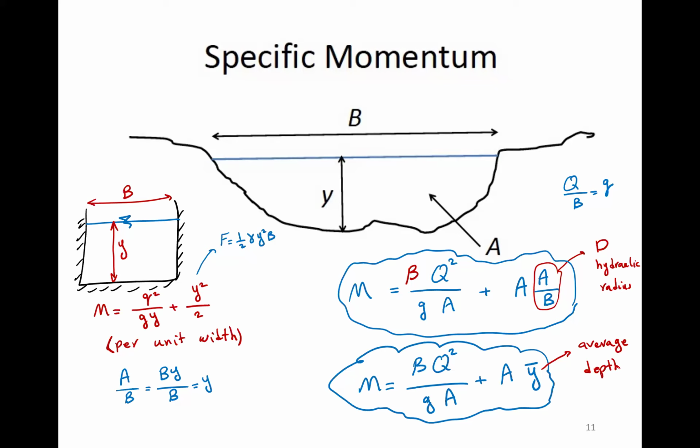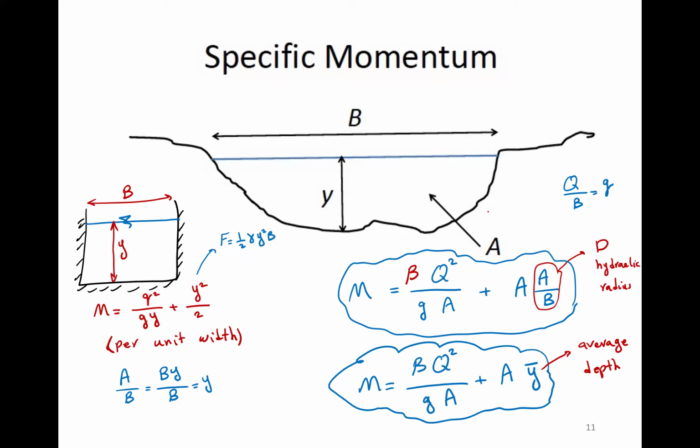Capital Q divided by A gives us the first term, which comes from velocity, or kinetic energy, I should say. But velocity is not uniform, so we correct it by applying a correction called beta. And then the second term is the hydrostatic force. It comes from pressure at the centroid, which is hydraulic radius, or y bar, multiplied by area, which is A.